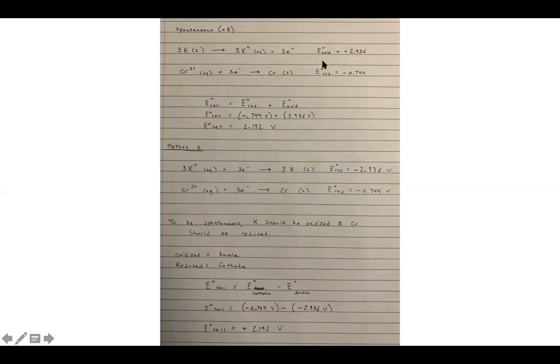So now that I have my equations in terms of oxidation and reduction, I add these two values together and get my cell potential. Now the other method, we write these two equations, and you'll see that we kept the potentials in terms of reduction. So the potassium equation is negative 2.9 volts. Through this method, you have to realize that the potassium equation is the one that should be oxidized, and the chromium one's the one that should be reduced.